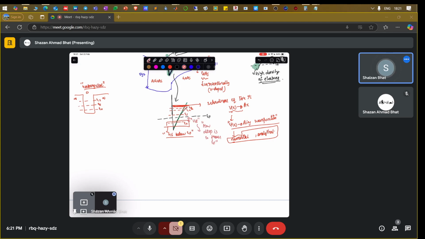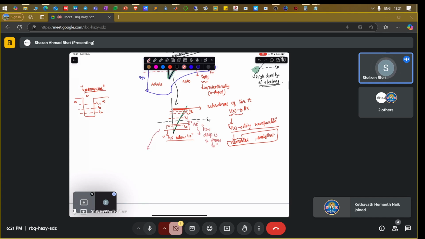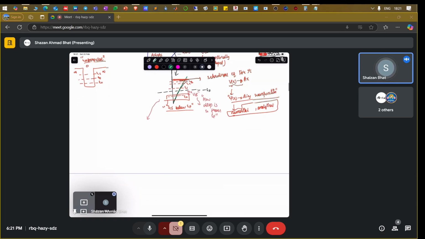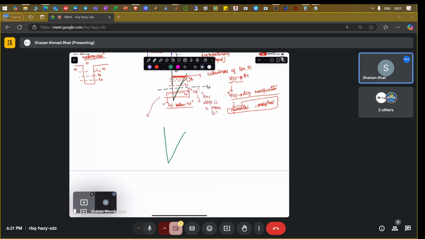So now what is going to happen? If you talk about this particular structure, you have a triangular well and you have the Fermi level here.